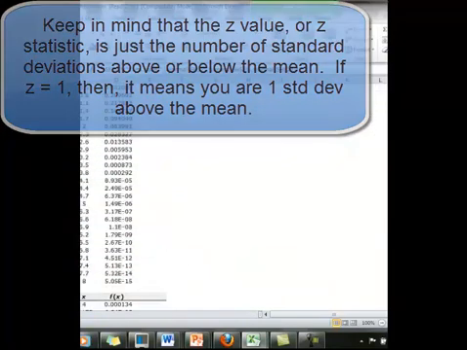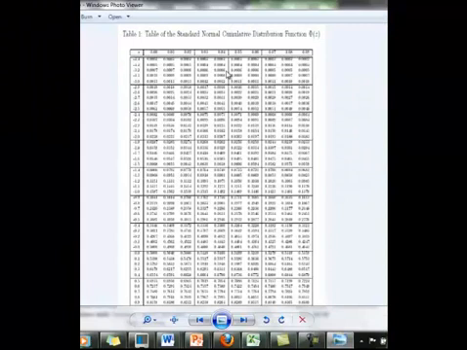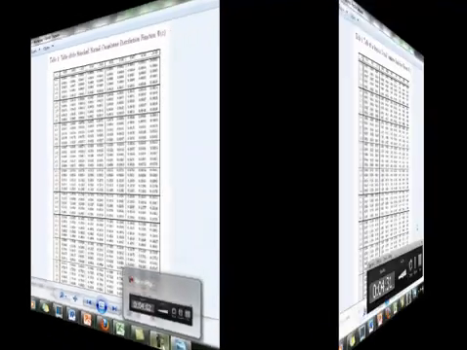Here we go. This is the table, which is a little hard to read, but if you take a look at it, it shows you, like, if z is minus 2.44, the area that's less than that curve is only 0.0073. So that's a quick review.